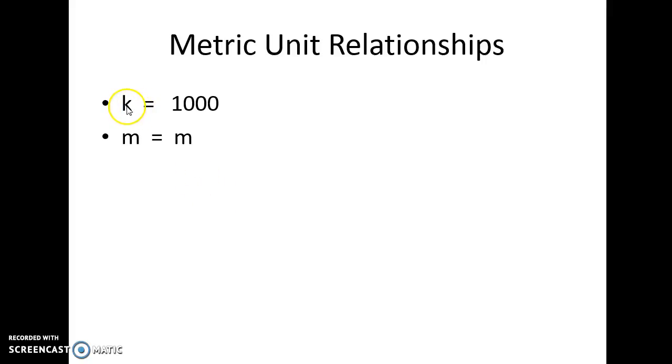Because kilo means 1,000, you can just go ahead and write kilo equals 1,000. And this is the most secure and safe and correct way. You always get the right answer if you do it this way. So write kilo equals 1,000. Notice I left a space on this side of the kilo, and of course a space after the thousand.